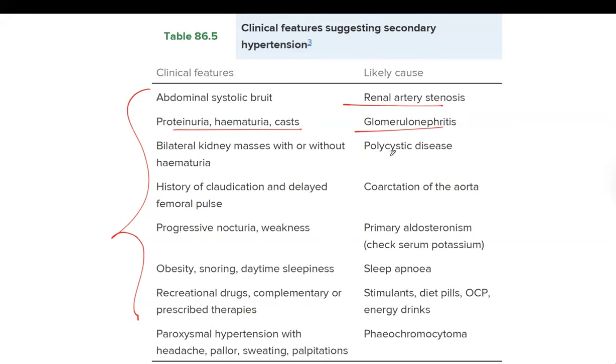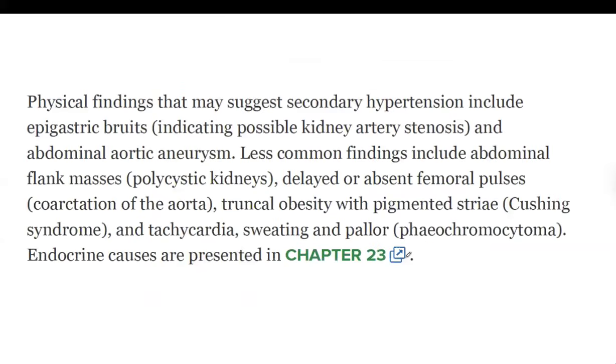If we can feel bilateral kidney masses, then polycystic kidney disease. Radiofemoral delay, we can think of coarctation of aorta. So these are important clues which might help us to think that this patient might have something underlying causing the high blood pressure. Okay.